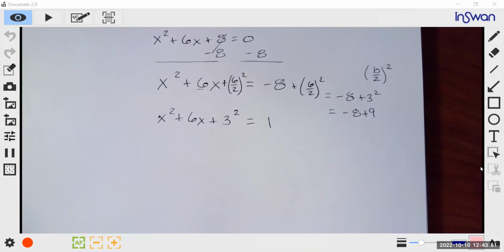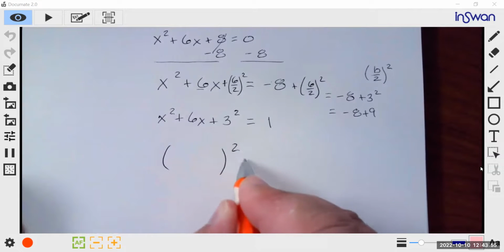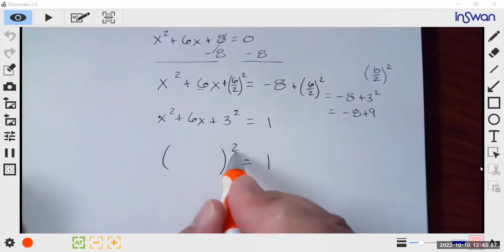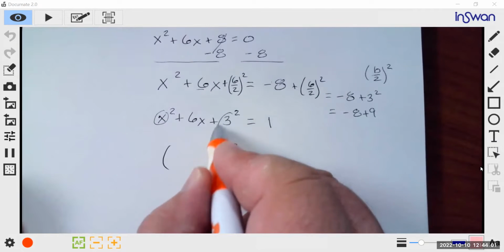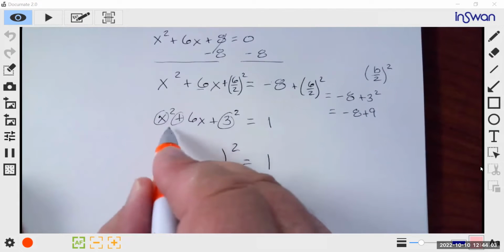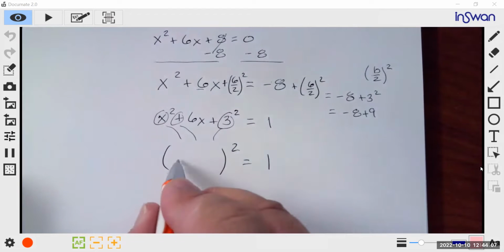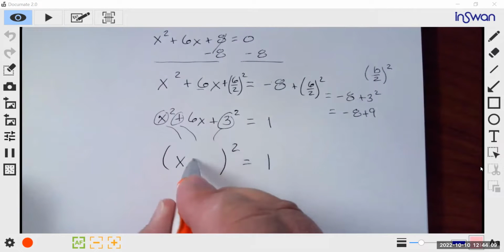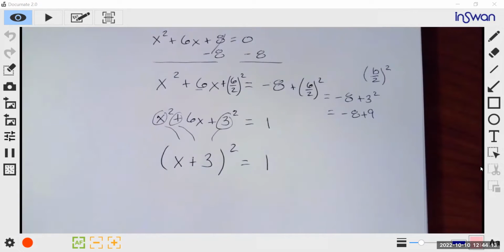Now, complete the square. On the left-hand side, we're going to put it under the square. So anything under the square and the first sign go inside here: x, the first sign's plus, and 3. So far, so good?